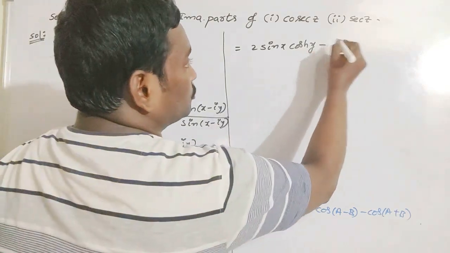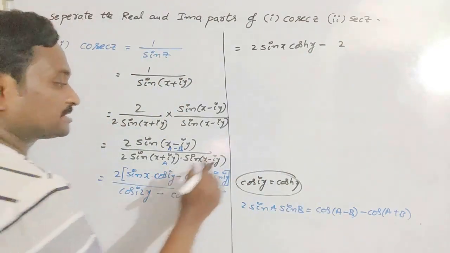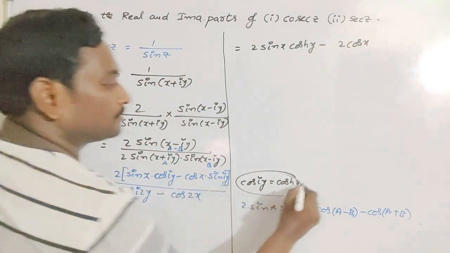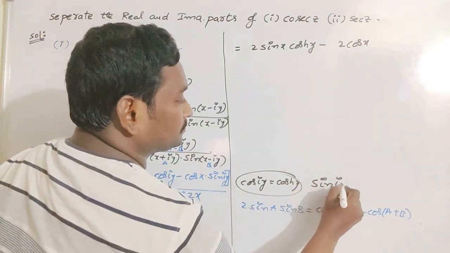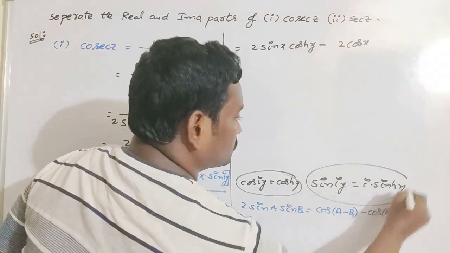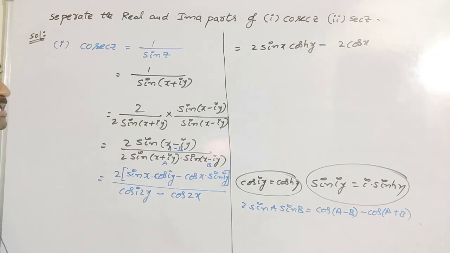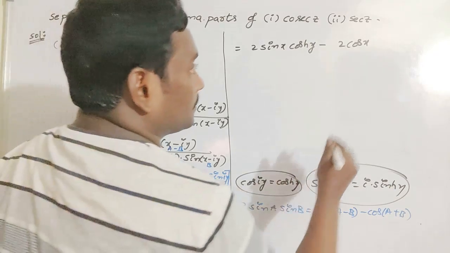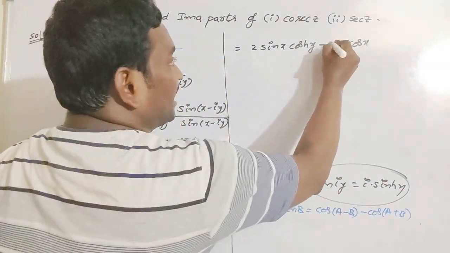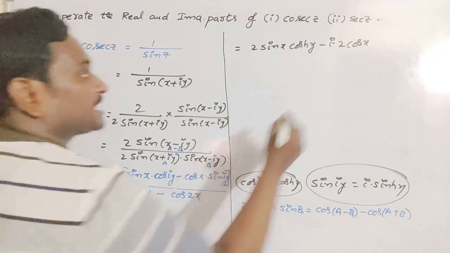So 2 into cos x is there. And I will write sin iy. What is sin iy? I sin hy. So don't forget these two relations. These two relations are useful in the entire chapter. Okay. So 2 into sin iy is nothing but I will write i here into sin hy.